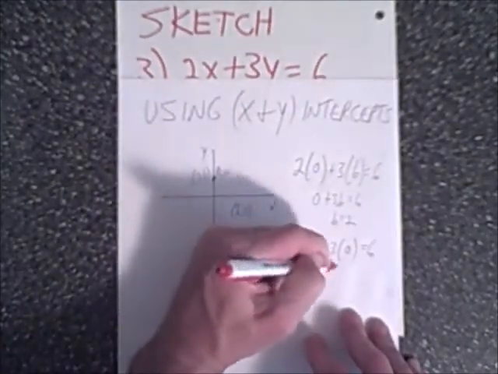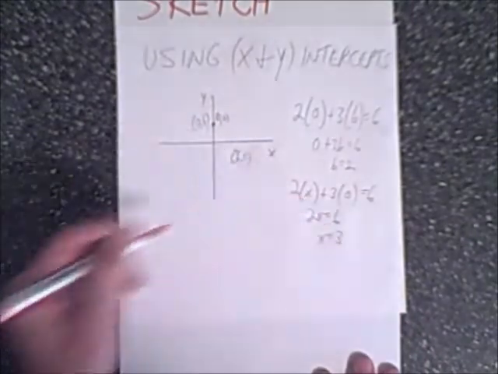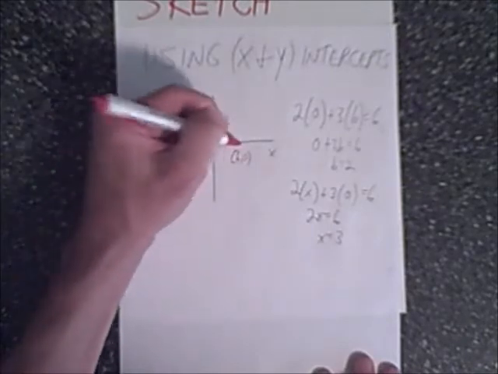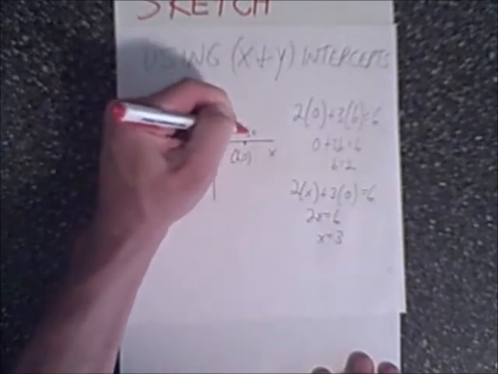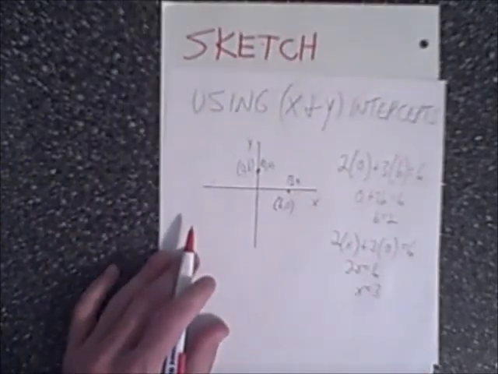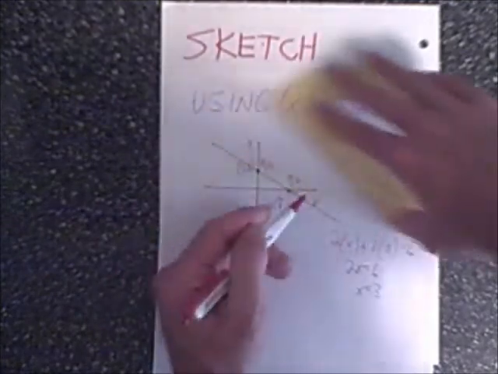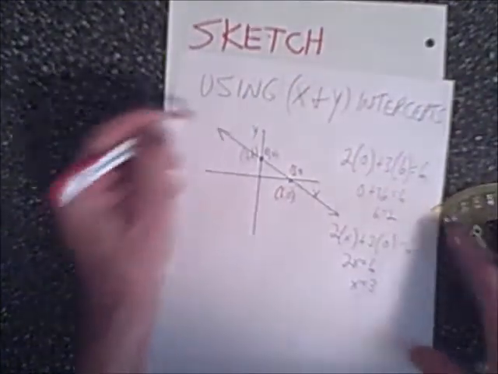Therefore, 2x equals 6. And our final equation will be x equals 3. So our other coordinate will be 3, 0. And there we have our two points, our x-intercept and our y-intercept. And we simply draw a line through both points. And we have our graph.